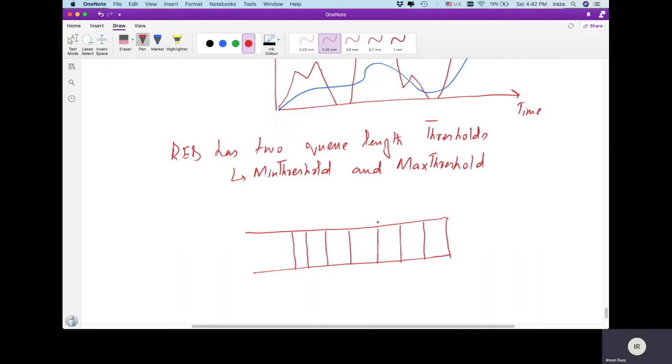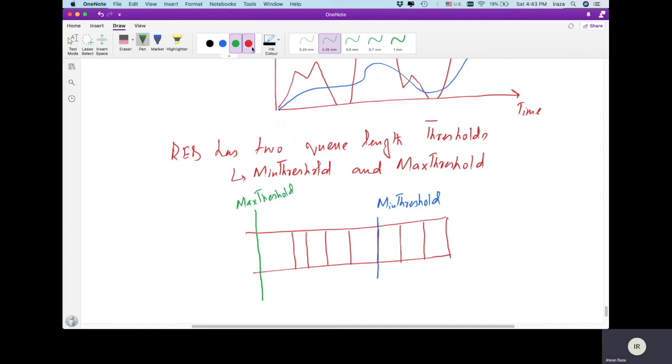This value here identifies the minimum threshold, and this value somewhere here identifies the max threshold.